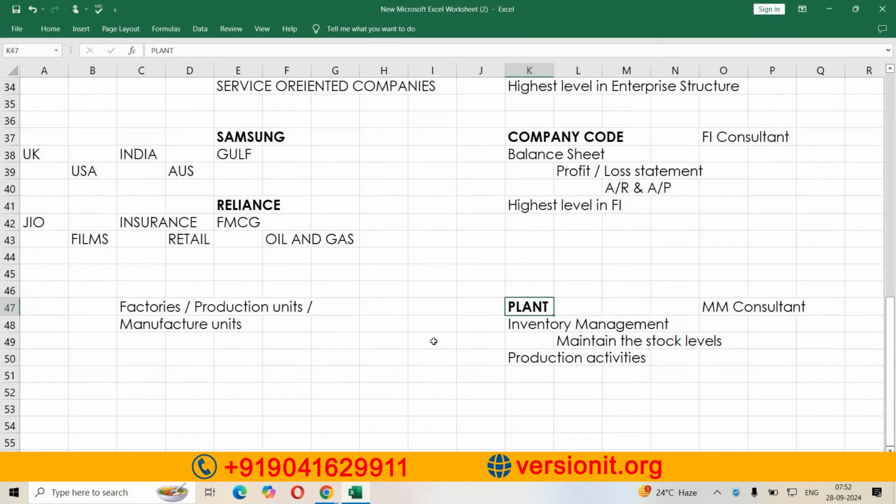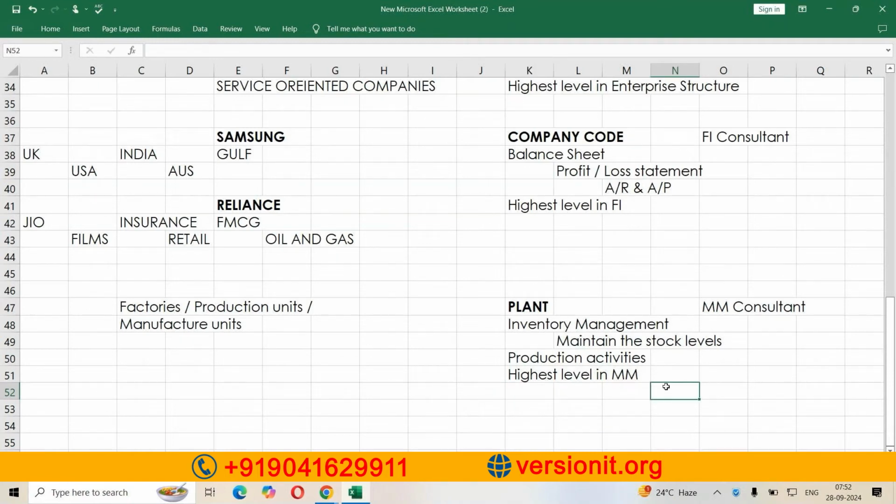And we use this space for storage and for manufacturing. And this plant, we call the highest level in material management, in MM. So this is one thing you need to know when you deal with the plant.